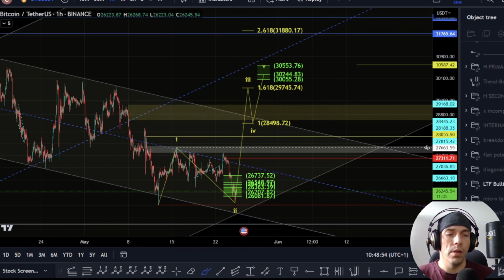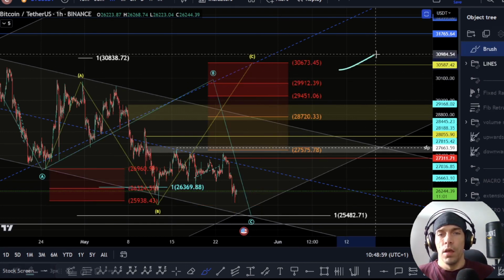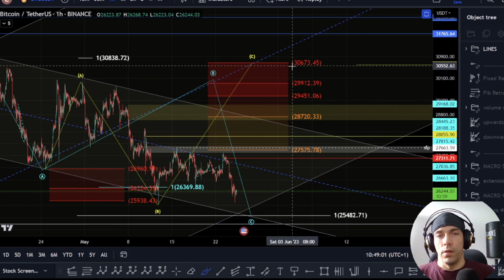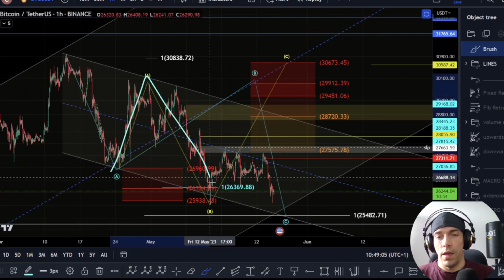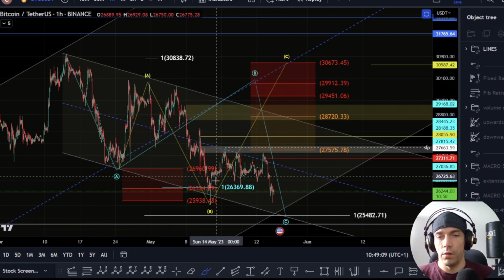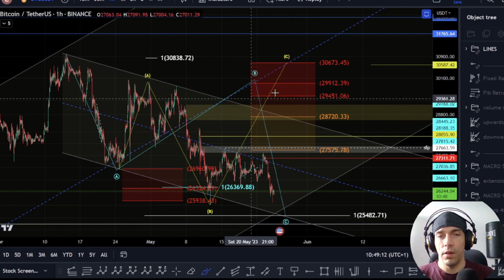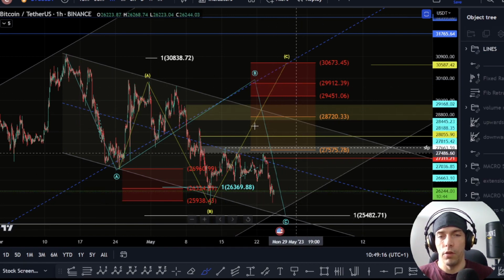Now that flat area that we were looking for as a potential rejection was actually higher up here towards this 30,673. So that was looking at this move here as A, B, and then looking for this as a C wave. So coming back into these zones would not be uncommon for a flat area. Though we do have the 1-to-1 if this would be a truncation lower down here.